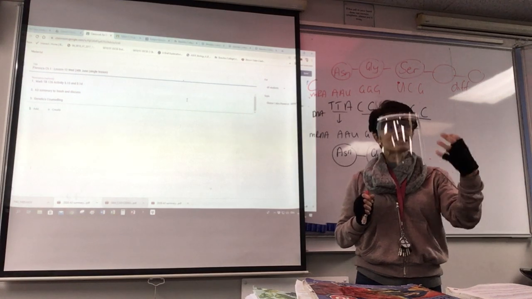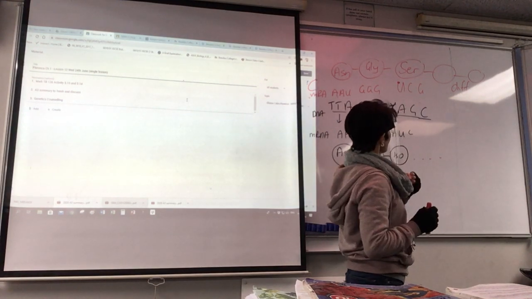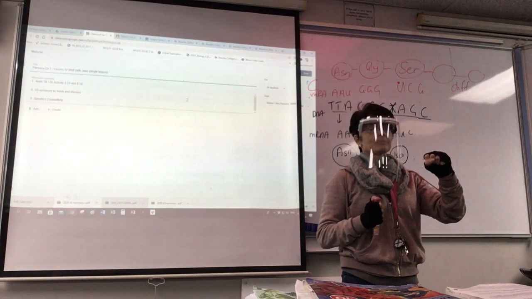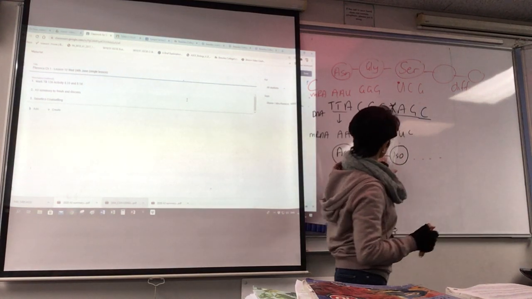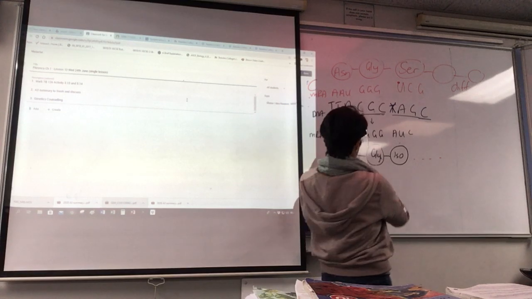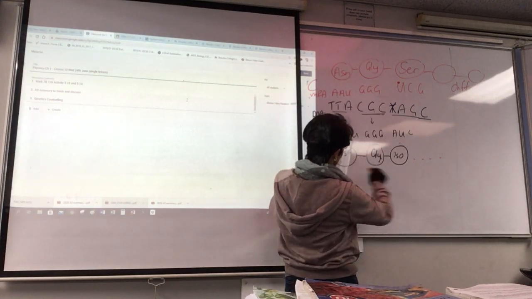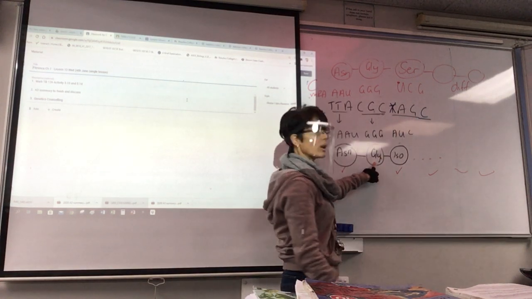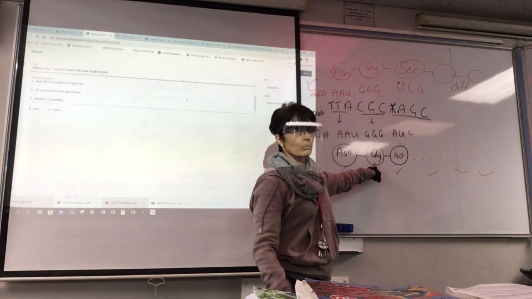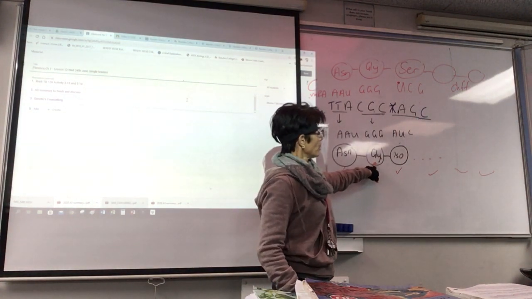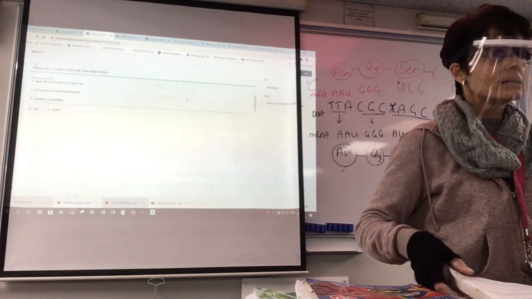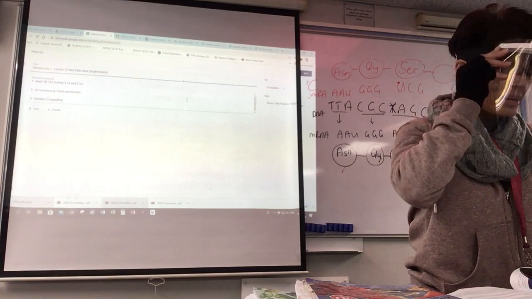But if it's a different amino acid, like mutation B, say it was supposed to be glycine, and in the new protein all the others are right but this one is wrong, it might not work. Well, I don't think it will work. Does it make sense? I don't know if I've explained it well enough.